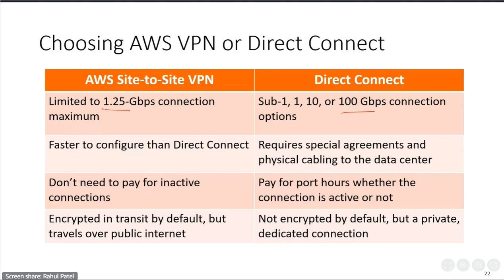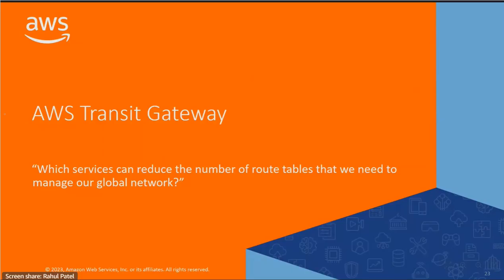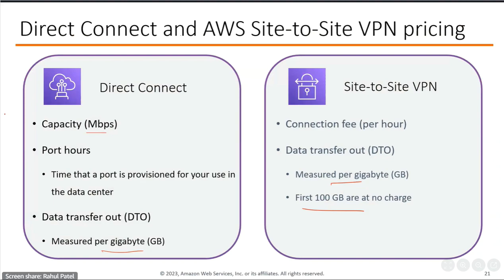Let me explain with a diagram, with a scenario. Suppose, for example, we have this VPC, and then we have multiple customer locations.